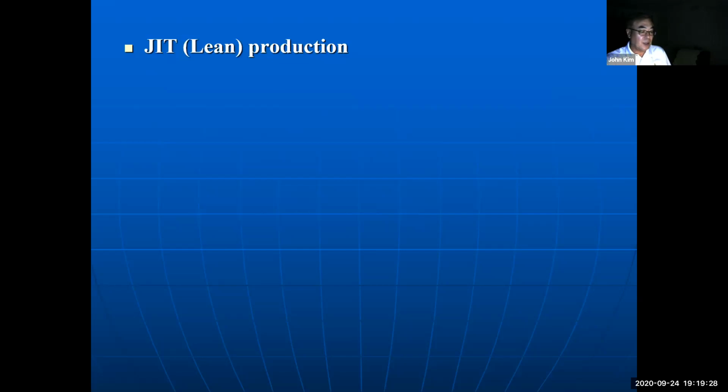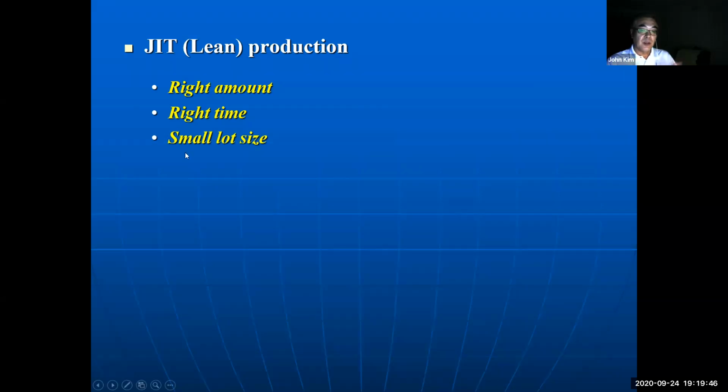Then finally, using many techniques and concepts, they can use the right amount at the right time. So if I need 100, then I receive 100 when I need it.